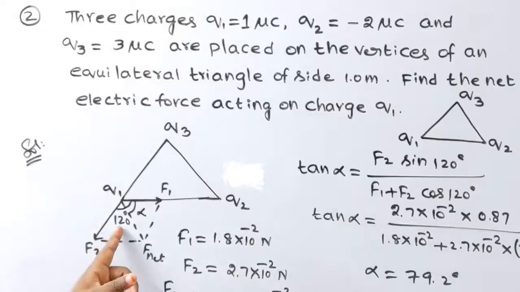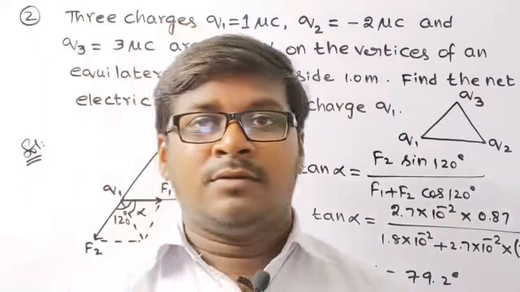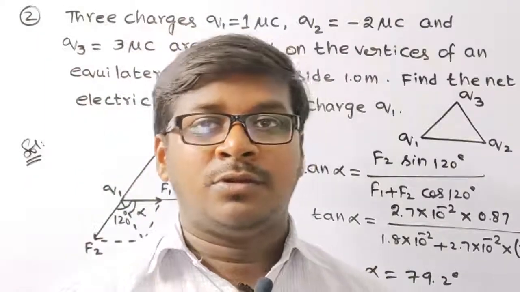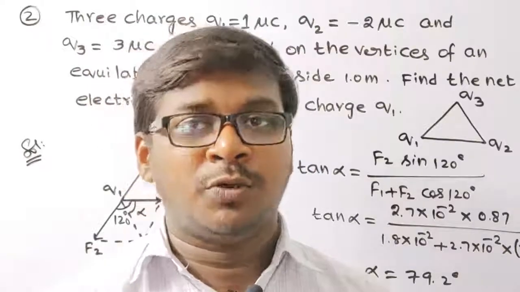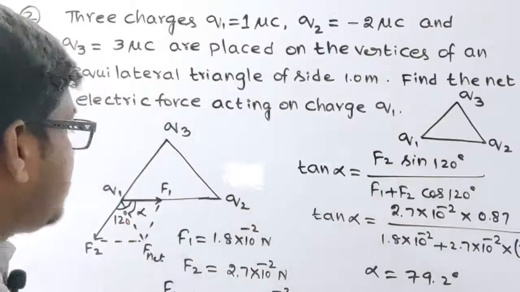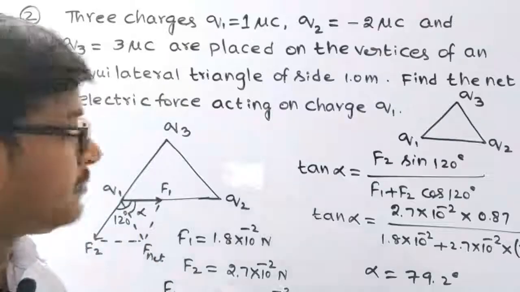So the two forces are acting on the two charged particles Q2 and Q3, at 60 plus 60, 120 degrees, making an angle alpha.